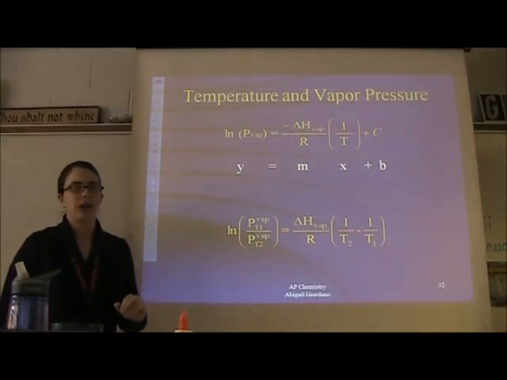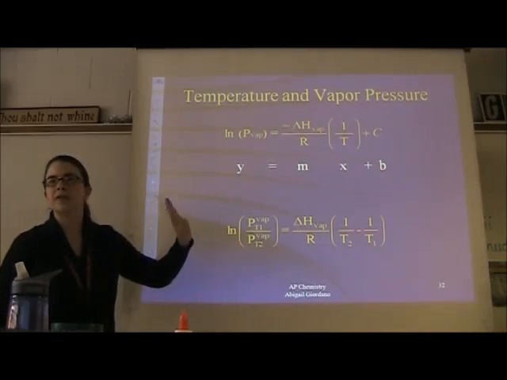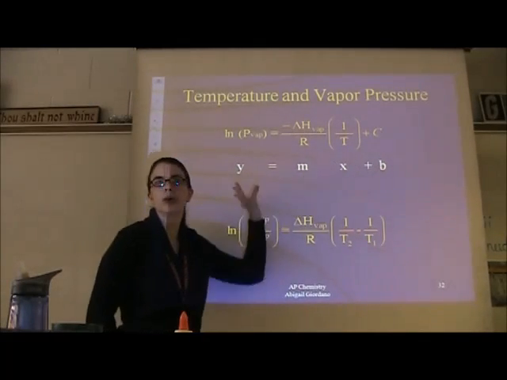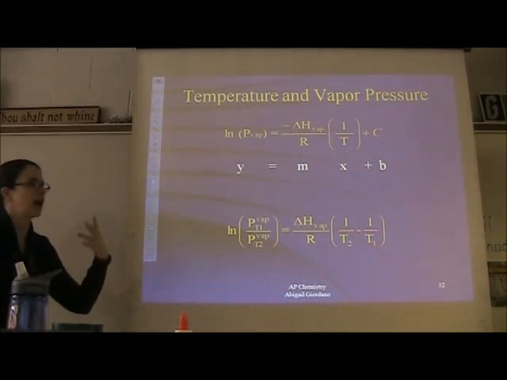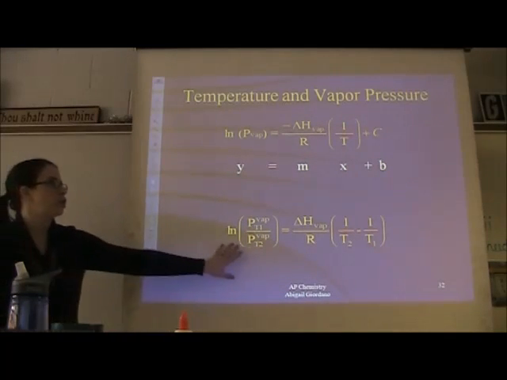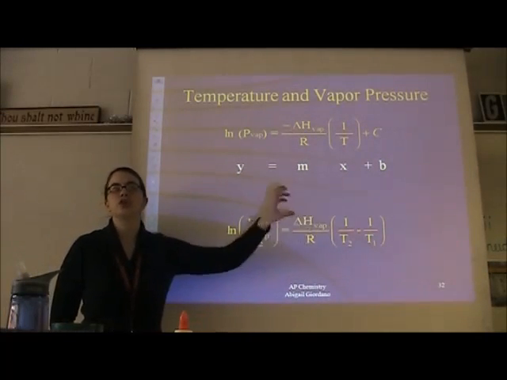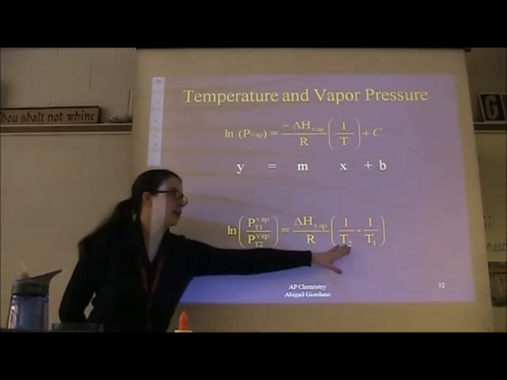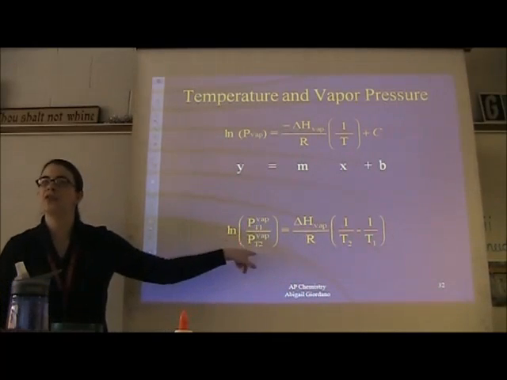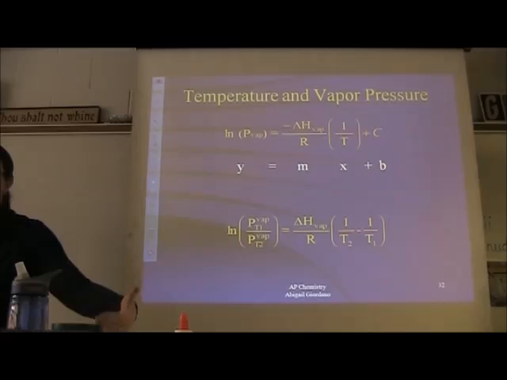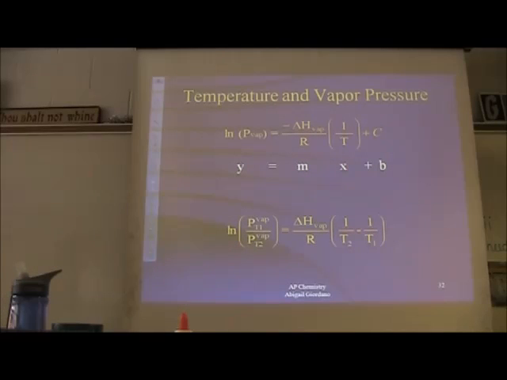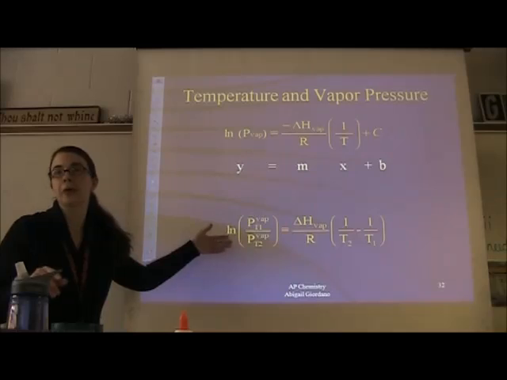Direct. Okay. Last year and years previously, we graphed this equation and we got numbers off of a graph. And the point is, you could use this to solve. Given a temperature, you could actually solve for the vapor pressure of that liquid at that temperature. Okay. We are not going to use it, but I wanted to just show it to you. Those questions that I took out of the problem set use this equation.